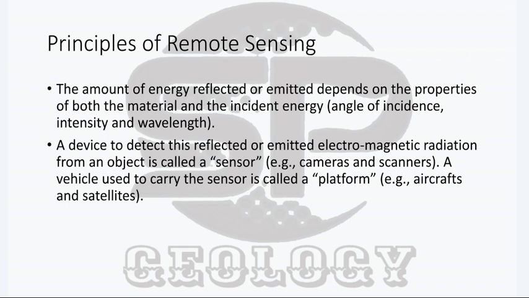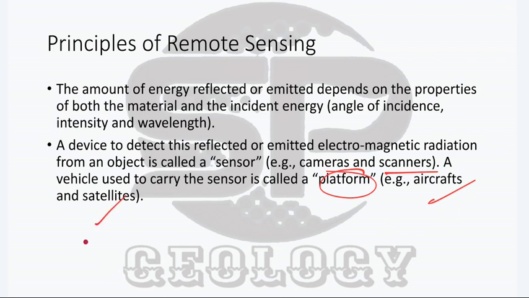So let's see the role of remote sensing. I already told you that certain energy is emitted from an object, that may be a natural object or an artificial object, and after that the incident energy is reflected back and sensed by a sensor, also called the scanner. In case of remote sensing, these scanners are mounted on a platform, that may be an aircraft or a satellite.